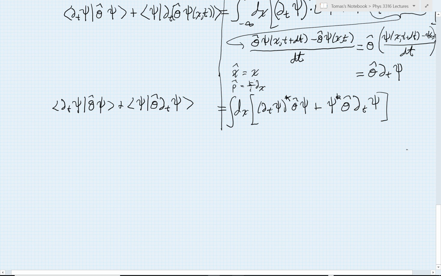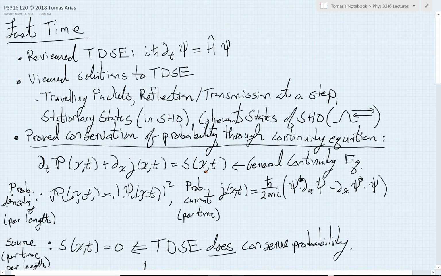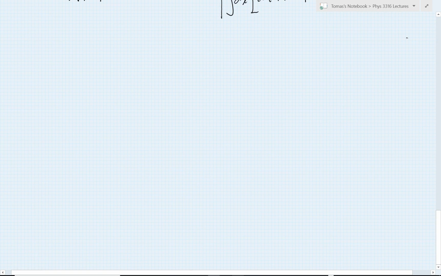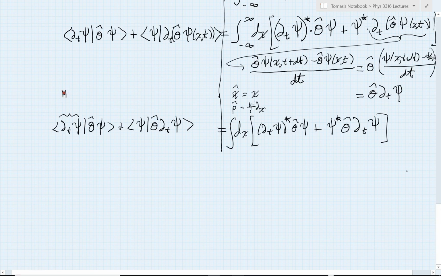Now, this is the stage where we can use, finally, the time-dependent Schrodinger equation. We know that the time derivative of psi from the time-dependent Schrodinger equation, which we had here at the very top, right? The time derivative of psi is just the Hamiltonian acting on psi divided by this prefactor of i h bar. So this will all become then the Hamiltonian acting on psi divided by this one factor of i h bar.